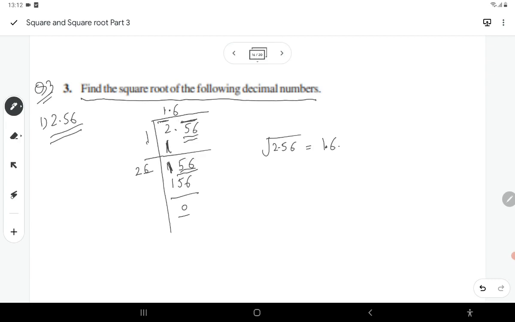Now as 56 is the decimal part, put the decimal point in the quotient. So the quotient becomes 1 point. Now next part is double the divisor. So 1 2s comes 2 and 26 6s comes out to be 156. So the square root of 2.56 comes out to be 1.6.